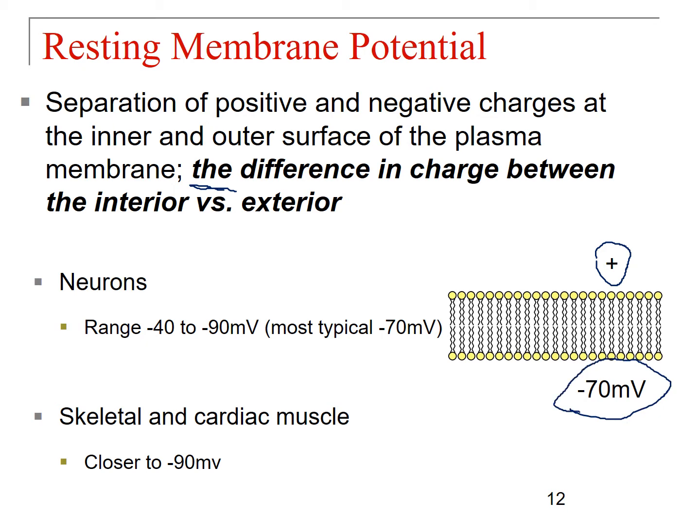With neurons, your range can be negative 40 to negative 90 millivolts, but because by far the most typical value is negative 70 millivolts, this is what I'm going to discuss. With skeletal and cardiac muscle, the interior of the membrane is closer to negative 90 millivolts.